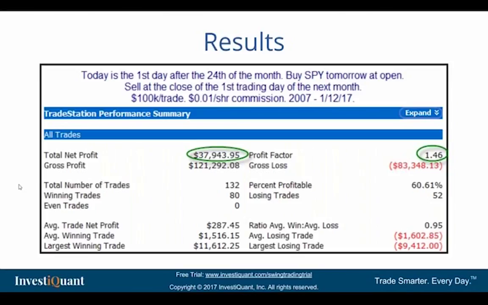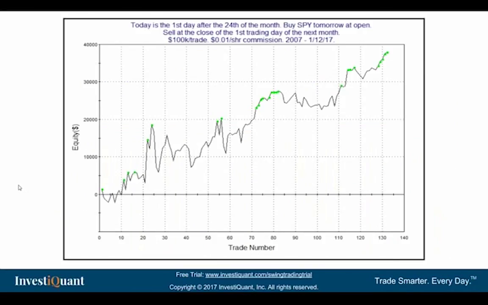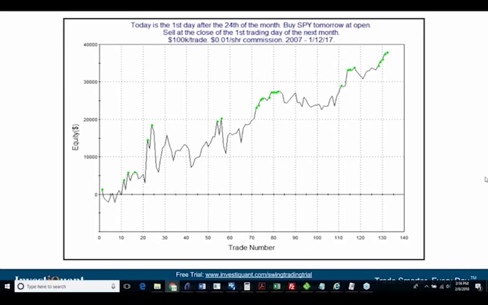Let's look at the profit curve. And that's moved its way from lower left to upper right. Been choppy along the way, admittedly, but really not a terrible curve. That's pretty impressive for such a simple concept.